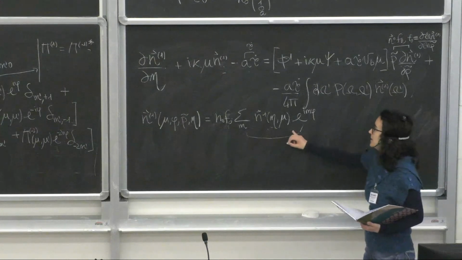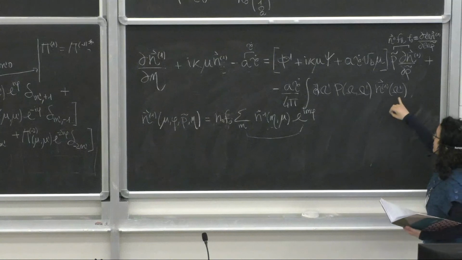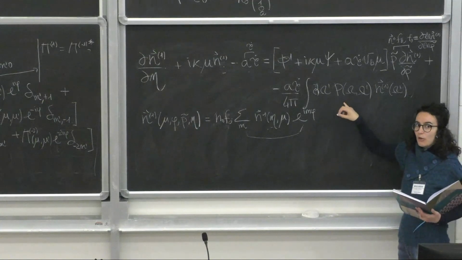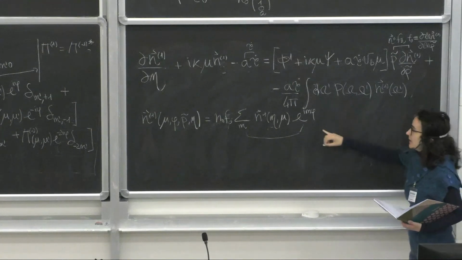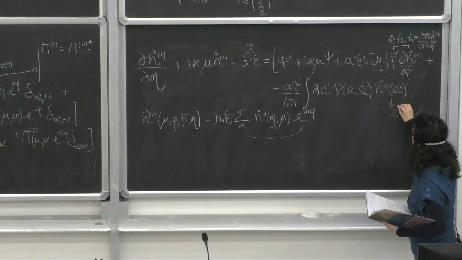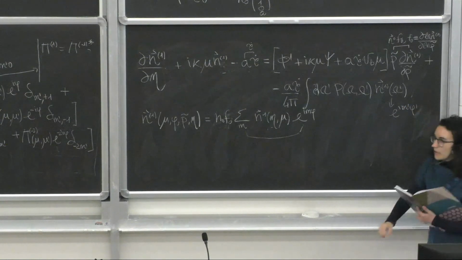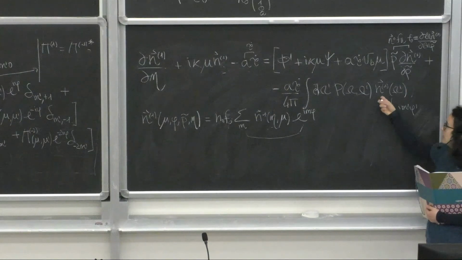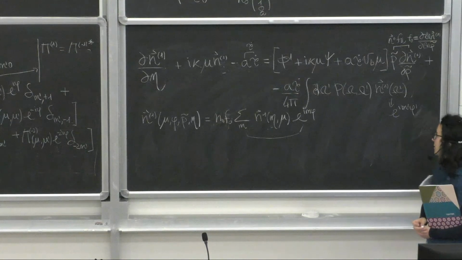When we insert this expansion into this integral, you see that here we will have the integral over the different pieces of the scattering matrix times this factor. This will give us a factor e^(i m prime phi prime), because n inside the integral depends on the primed solid angle.